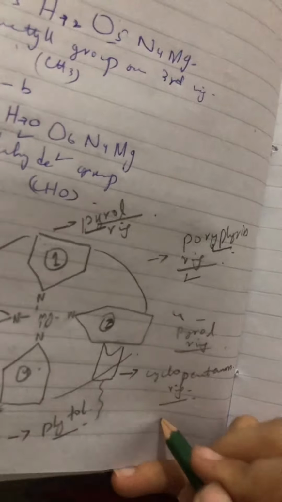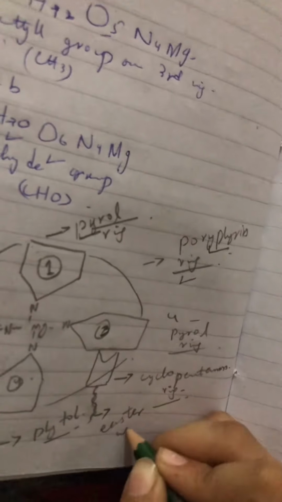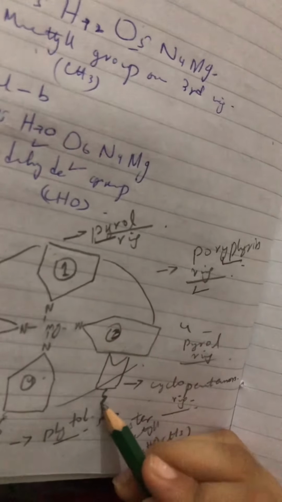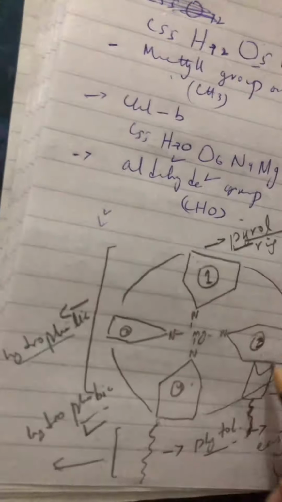In the cyclopentanone ring we have one tail, called ester methyl, that is CHOCH3. This is the formula of ester methyl. This is a tail of the cyclopentanone ring present on the third pyrrole ring. So this tail and the phytol tail are considered hydrophobic, and all these rings are considered hydrophilic, right?